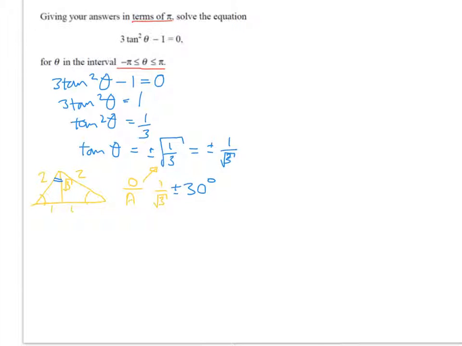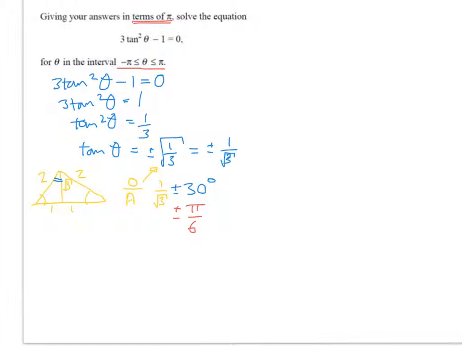But let's look at our question. In terms of pi, so the option is plus or minus pi divided by 6. So we think we have solutions there.